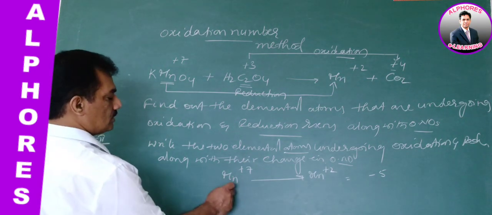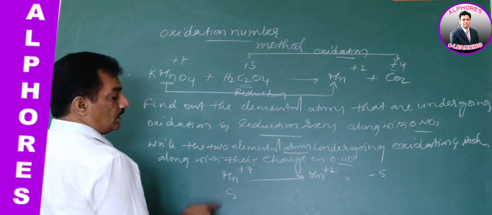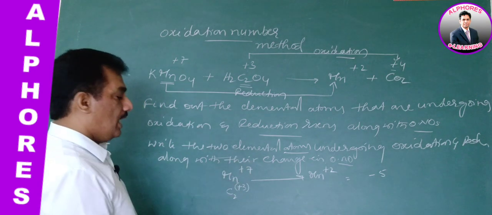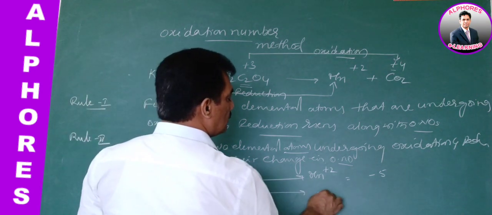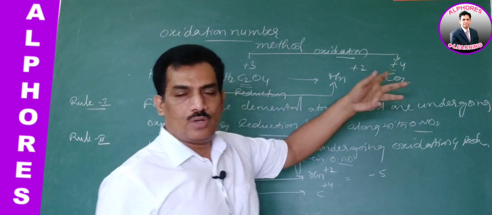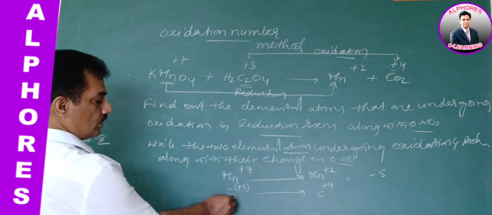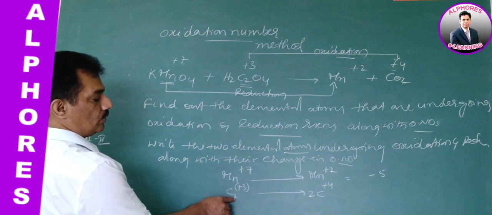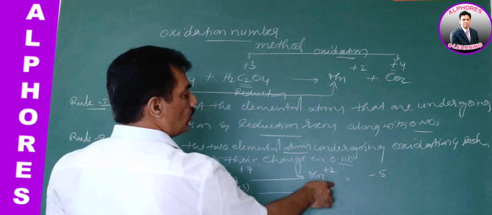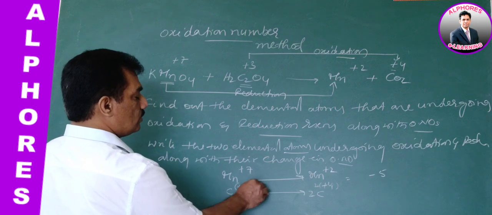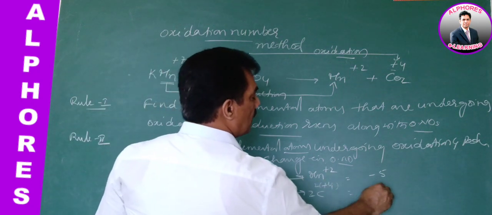And then in C2, each one is having +3 oxidation state, and this side it is coming to C +4, but it is only one atom, so as usual we have to consider both atoms, that's why 2, and altogether +3 into 2 is +6 and +4 into 2 is +8, so +6 to +8, the change is +2.